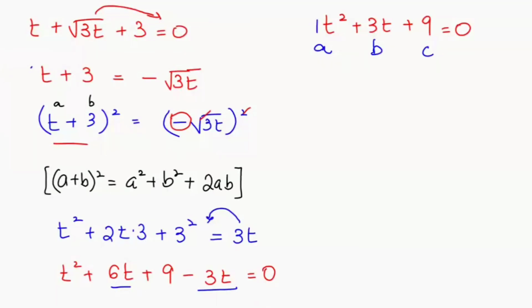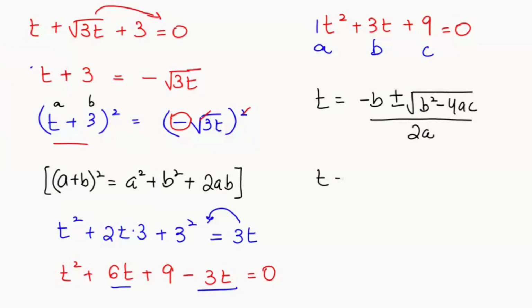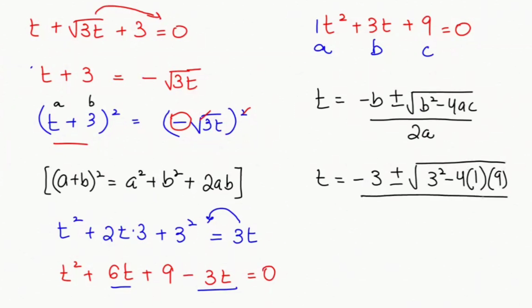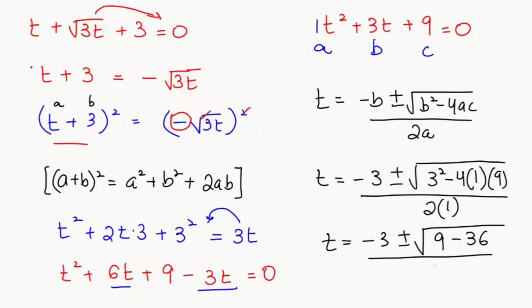Now I plug these a, b, c values into the quadratic formula to find the value of t. t equals minus b plus or minus root of b squared minus 4ac over 2a. t equals minus 3 plus or minus root of 3 squared minus 4 times 1 times 9 over 2 times 1. t equals minus 3 plus or minus root of 9 minus 36 over 2.